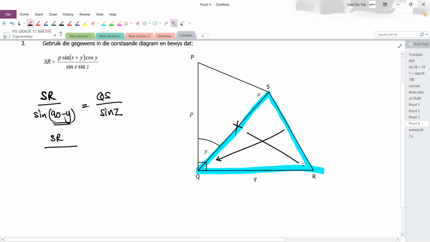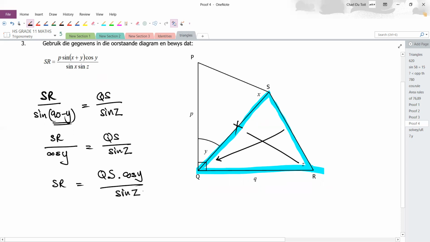Sin of 90 minus y is the first quadrant, so it's positive. That becomes cos y. Co-functions. Tatu, did you actually change the sin 90 minus y to cos? Yes. Good. SR equals QS times cos y over sin z.